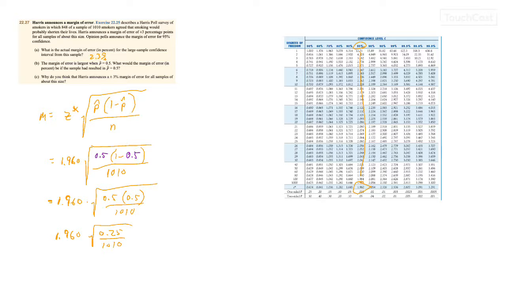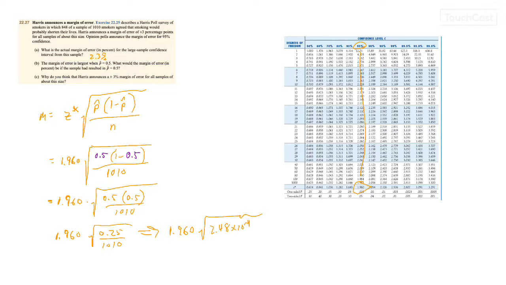Well, 0.25 divided by 1010 is actually 2.48 times 10 to the minus 4. It's a pretty small number, so we're going to take the square root of that.